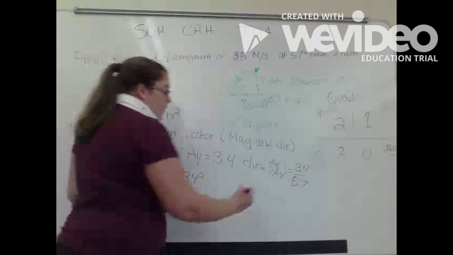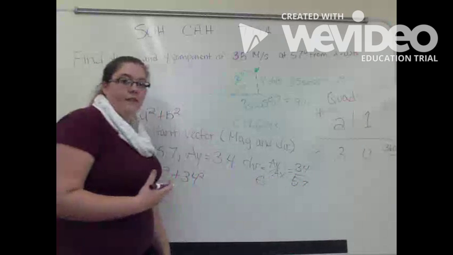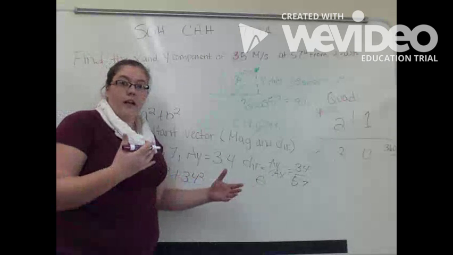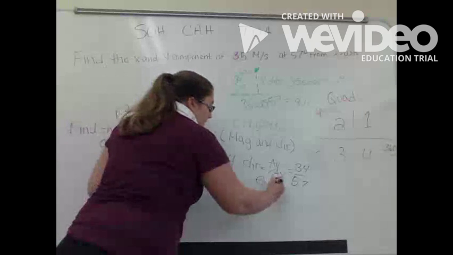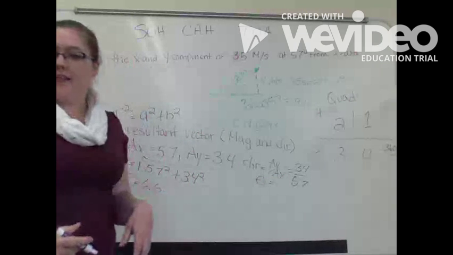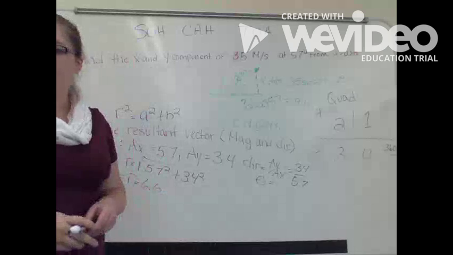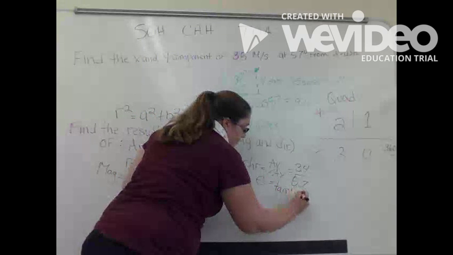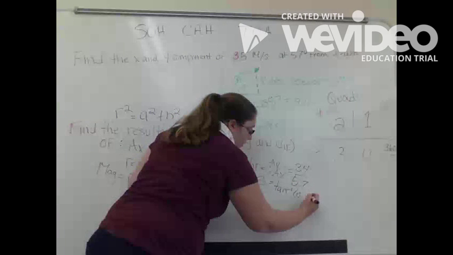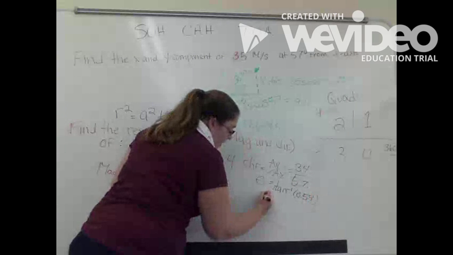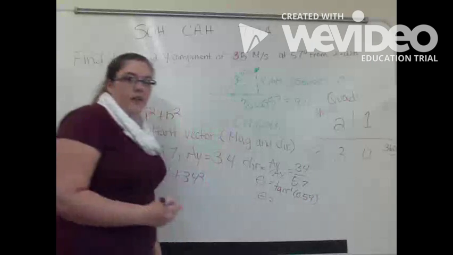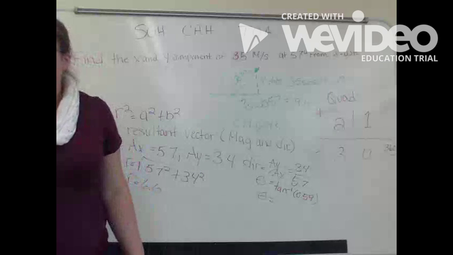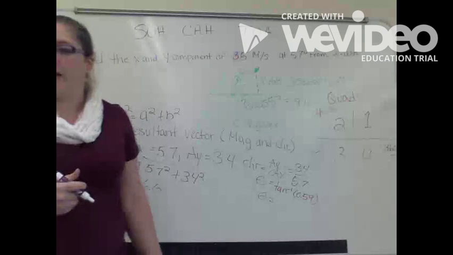And that'll give you some sort of angle, which in physics we call theta. And theta is your angle or direction. In this situation, I got 0.59. So we use the inverse tangent of 0.59. If you plug that into your calculator, you end up with a degree of 30.8.